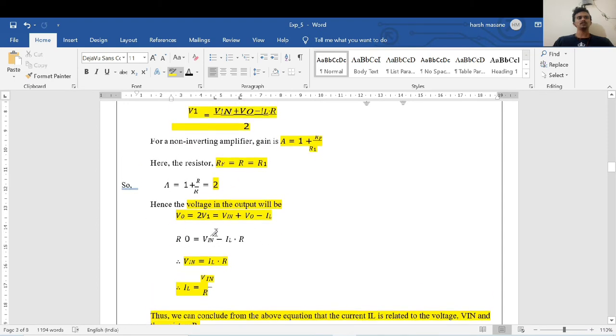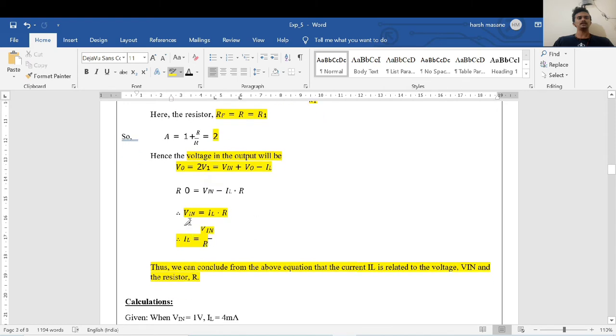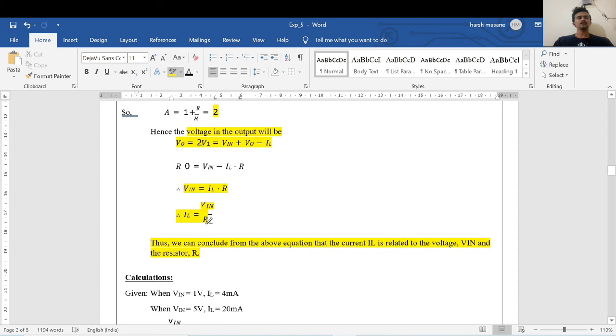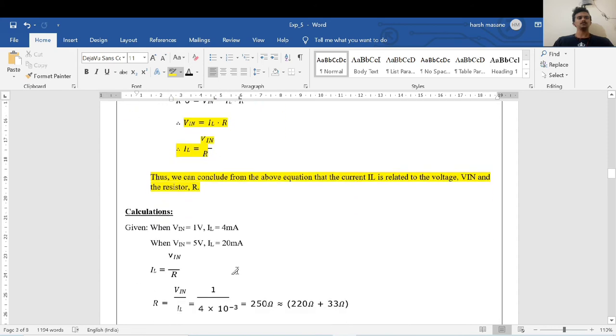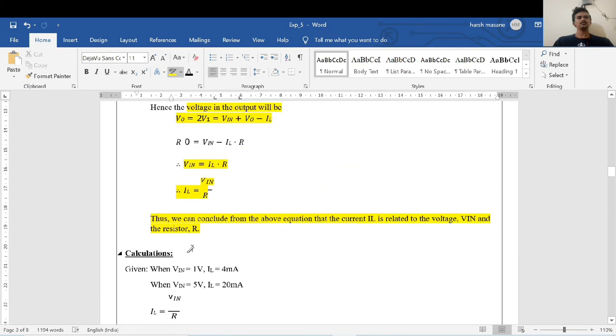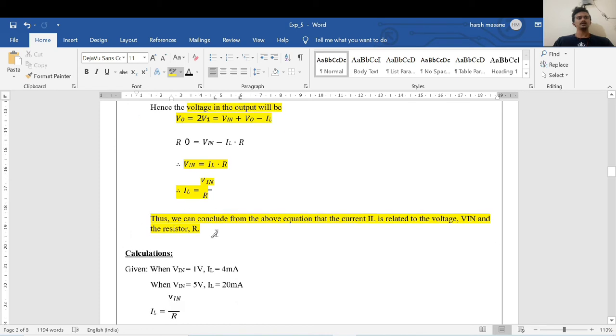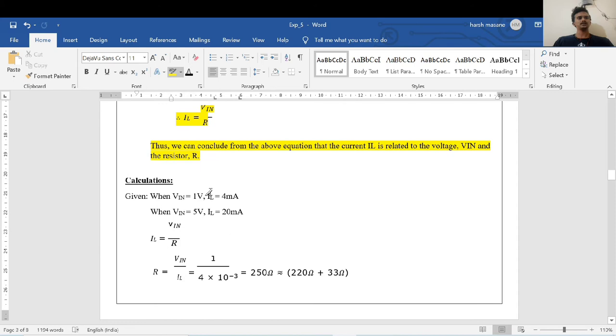So my VO becomes Vin plus VO minus the load current. Here my VO gets cancelled and I get Vin is equal to IL into R. Similarly, the load current is equal to Vin by R. So we'll take the same calculations for the grounded load. Thus we conclude from the above equation that the load current is related to the voltage Vin and the resistor R. Here we are taking the same resistors only to verify it.